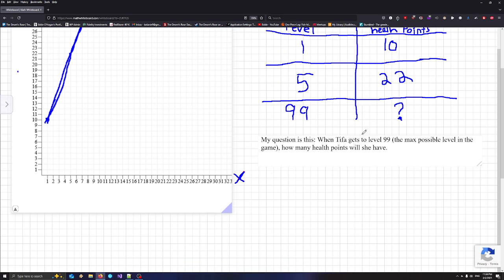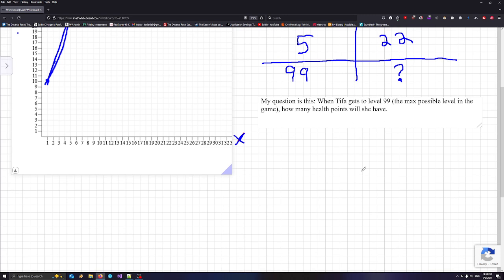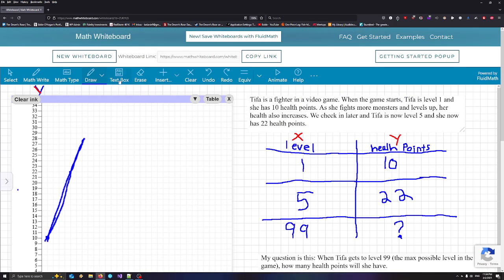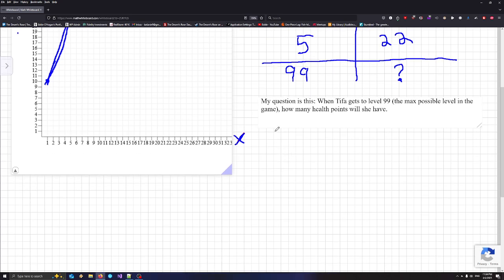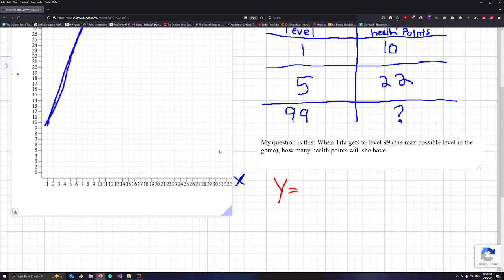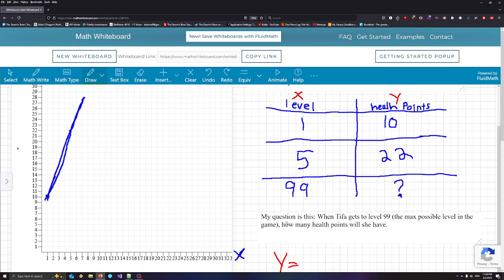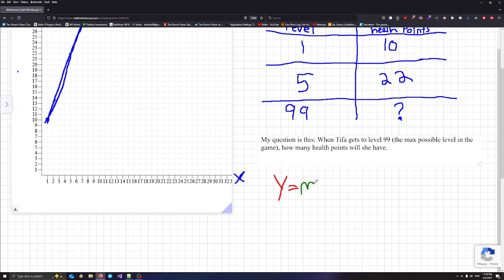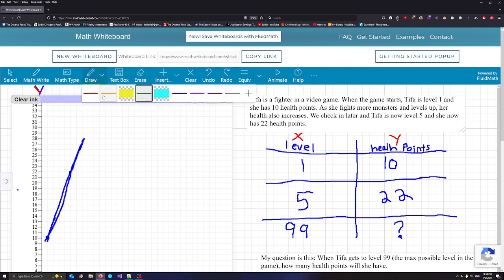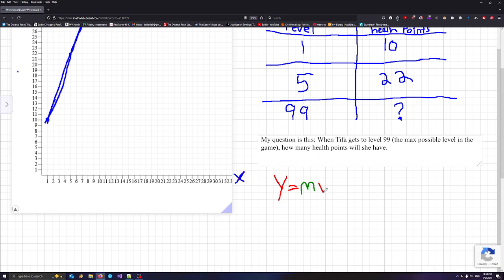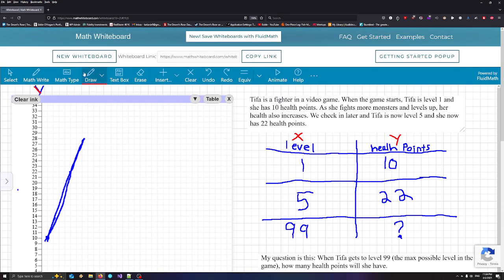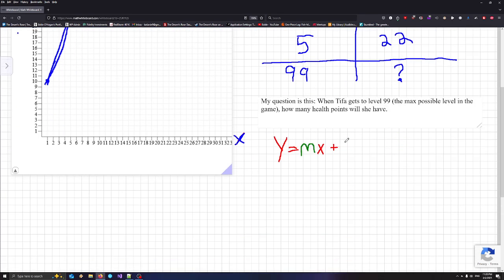So let's answer this question: when Tifa gets to level 99, how many health points will she have? Let's break out our couple of equations. We got our gold standard: y equals mx plus b.